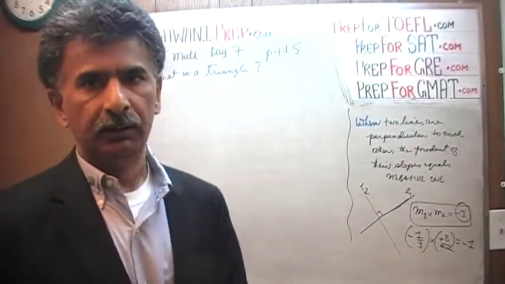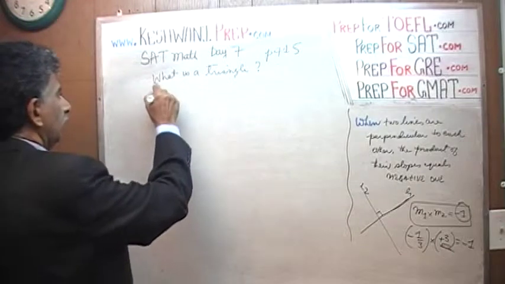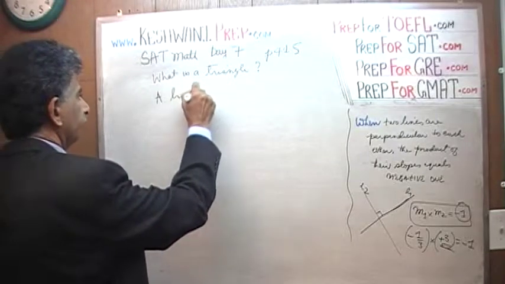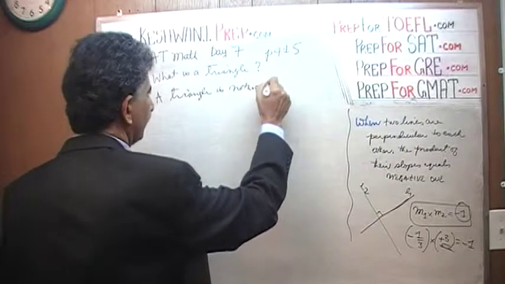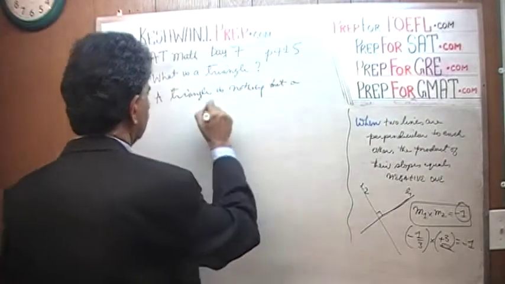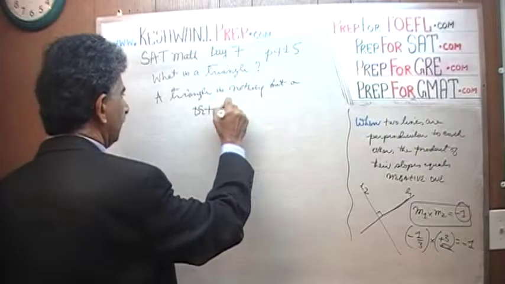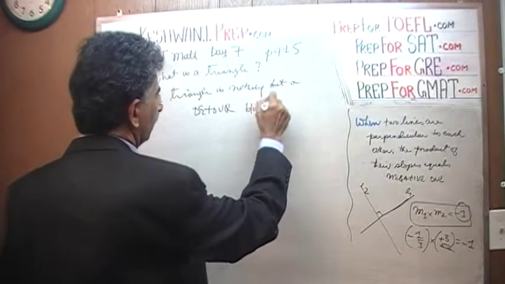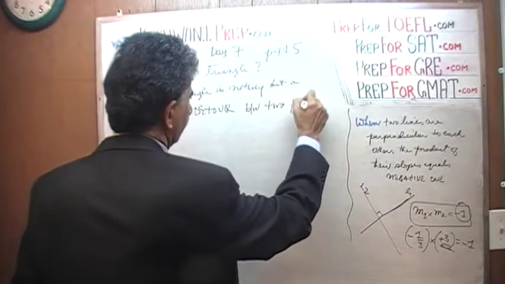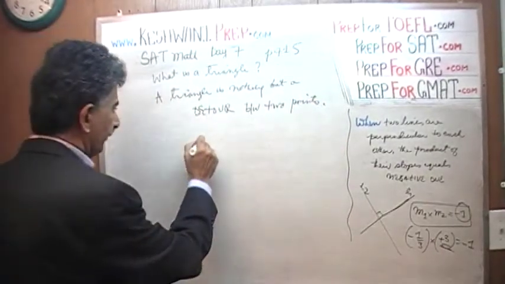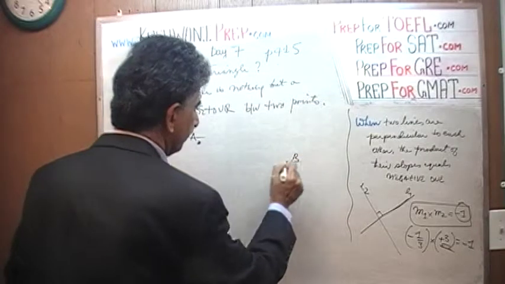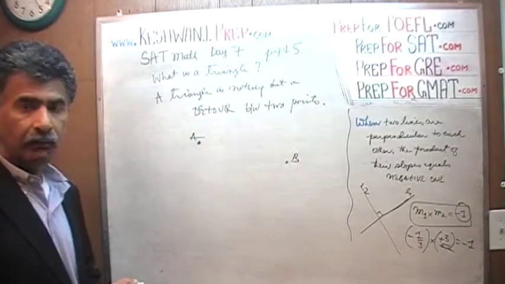What is a triangle? A triangle is nothing but a detour between 2 points. That's what a triangle is. It's a detour. If I have 2 points here, let's say point A and point B, I have 2 choices.